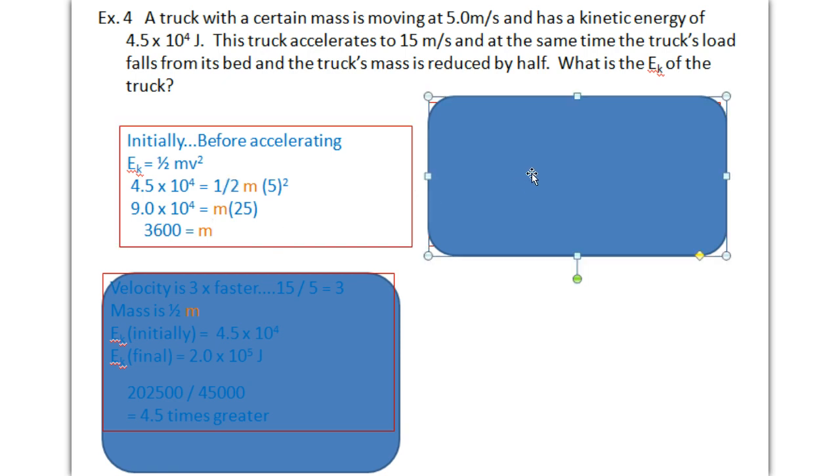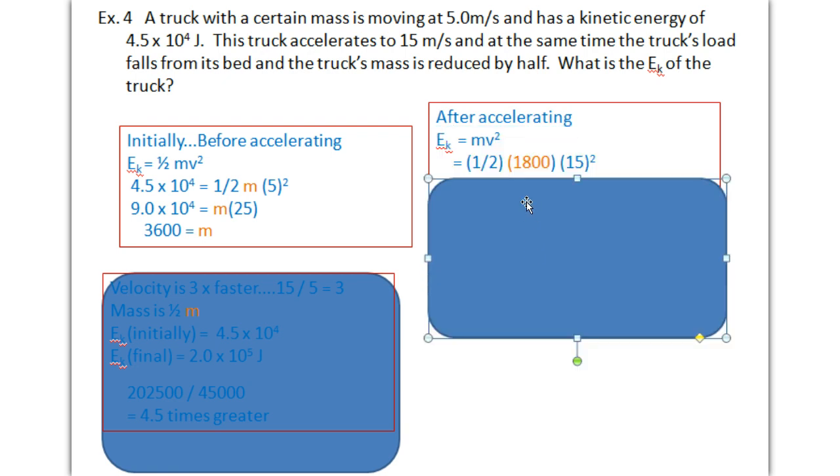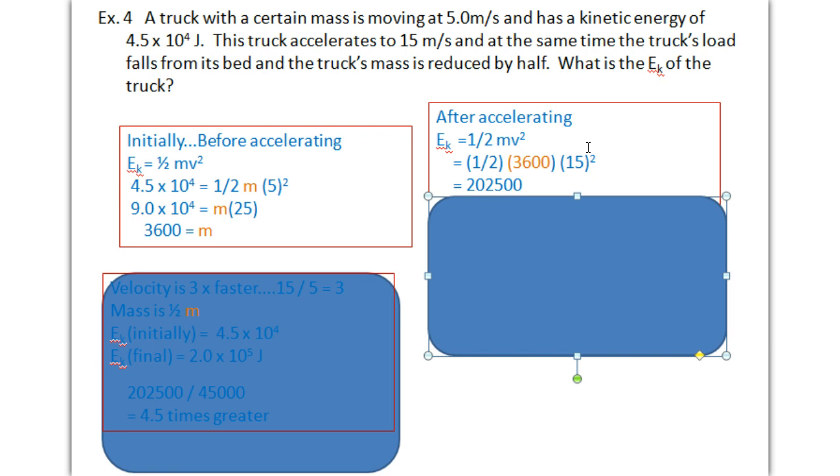Now let's apply our changes. So after it accelerated, the formula here should be 1/2. There. So half m v squared. So half of 3600 times the velocity squared would leave you with 1800 times 15 squared.